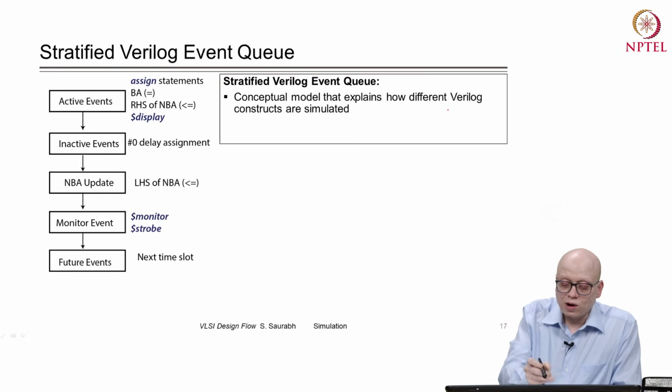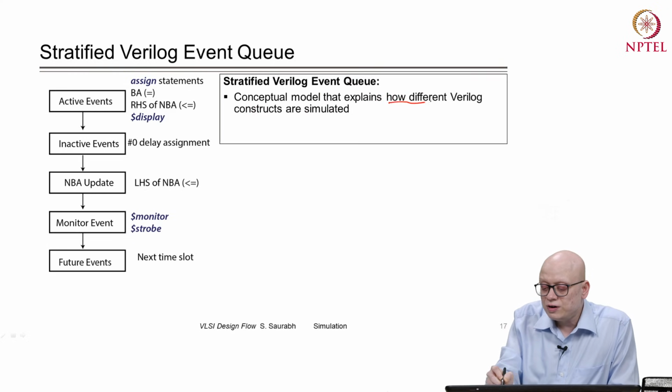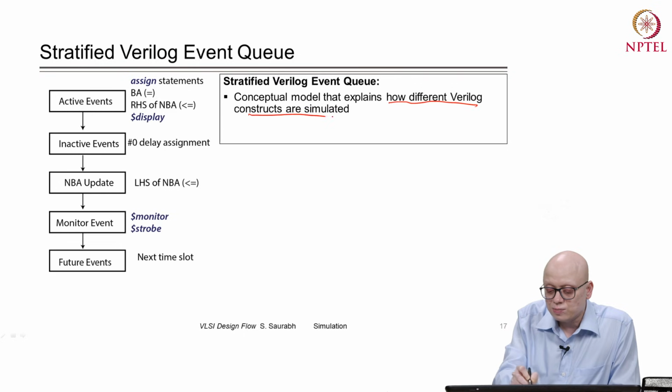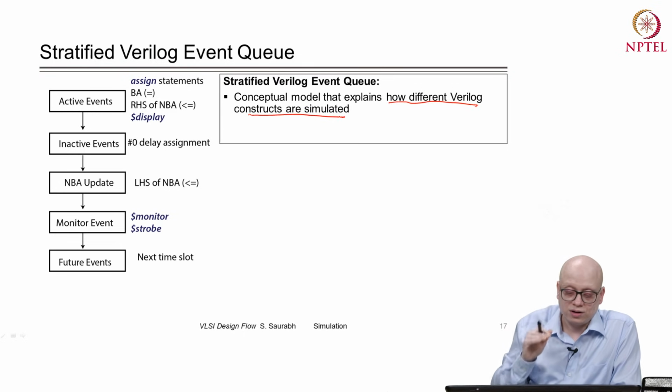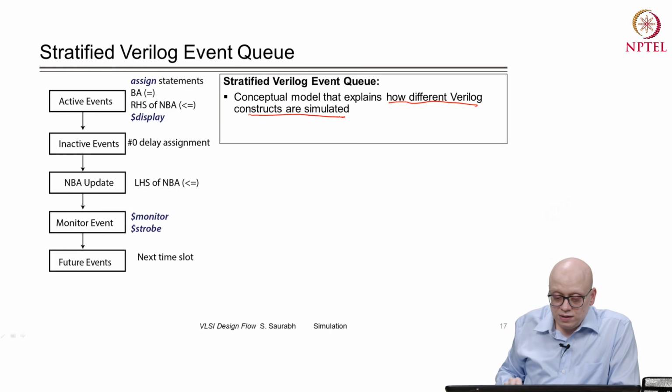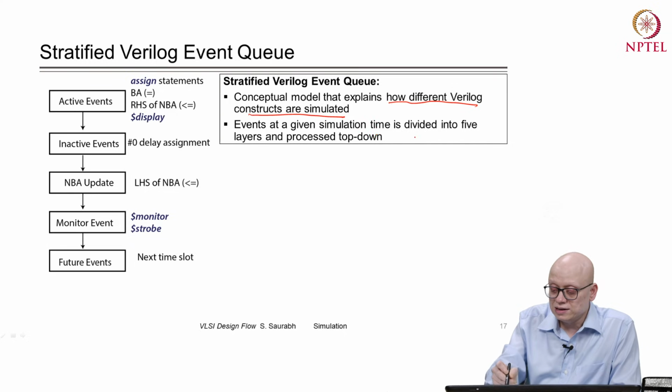queue. Now, what is the stratified Verilog event queue? It is a conceptual model that explains how different Verilog constructs are simulated at a given time slot. The events at a given simulation time, or a given time slot of a timing wheel, are divided into 5 layers and processed top down.